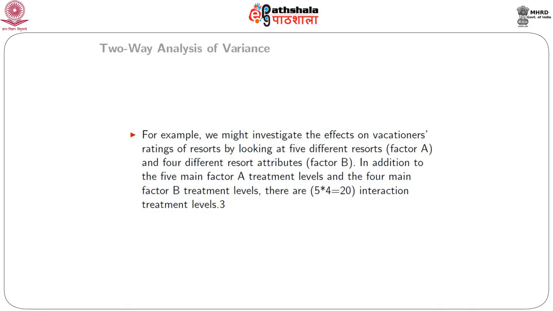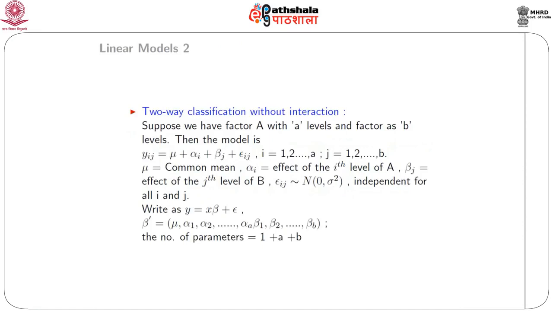For example, in this case I have resort 1 combined with attribute 1, resort 2 combined with attribute 1. In this way, I have got 5 times 4 equal to 20 combinations. For each of those cells, we have one interaction effect. Of course, life is much simpler if we do not have interactions.